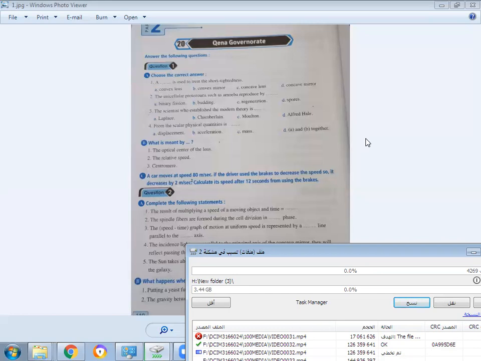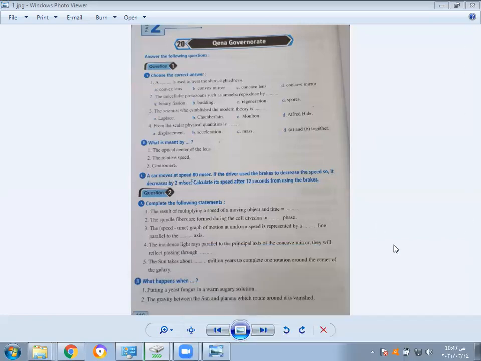From the scalar physical quantities is displacement, acceleration, mass, A and B together. The correct answer is mass.